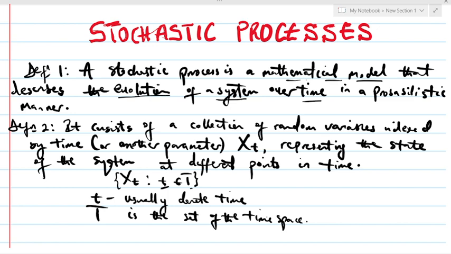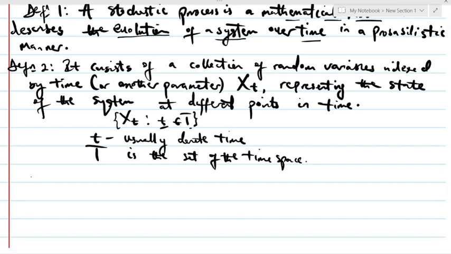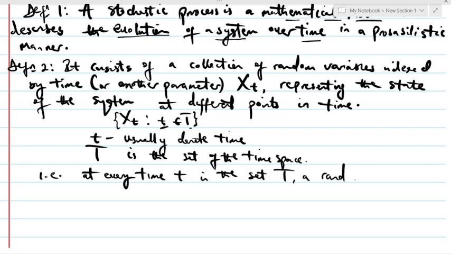So in short form, we can define a stochastic process as follows: at every time t in the set T, a random number S subscript t is observed.